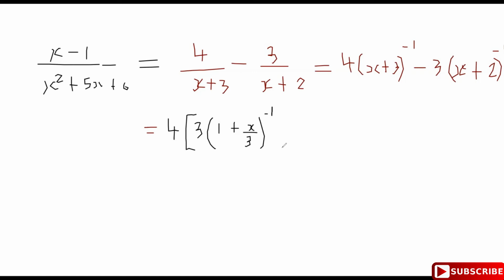I factored out 3. Then I'm going to have minus 3 times, and in here I'm going to factor out 2. So this now becomes 1 plus x over 2 to the negative 1.